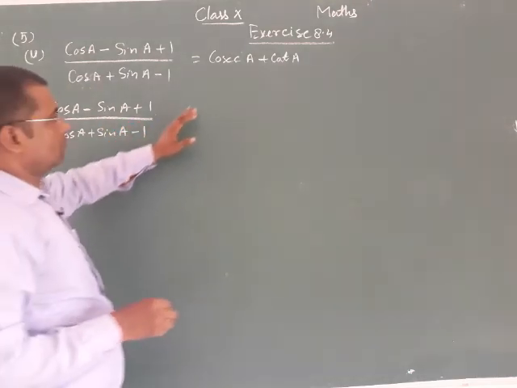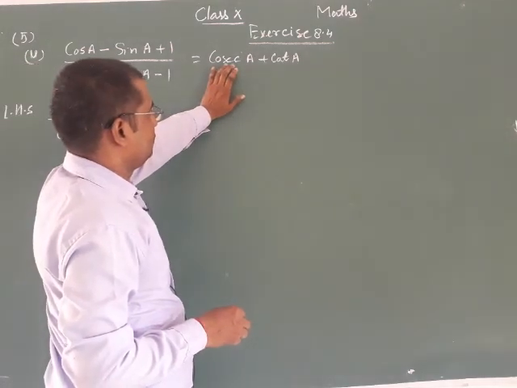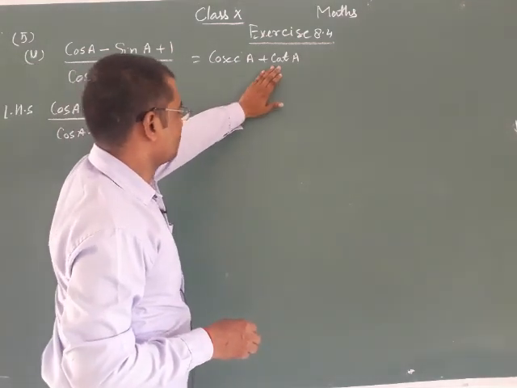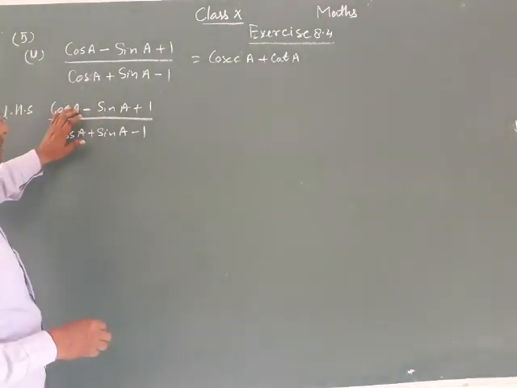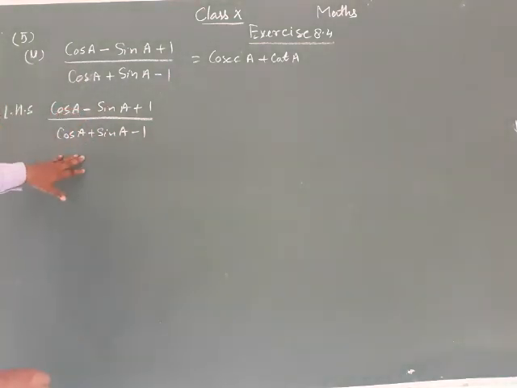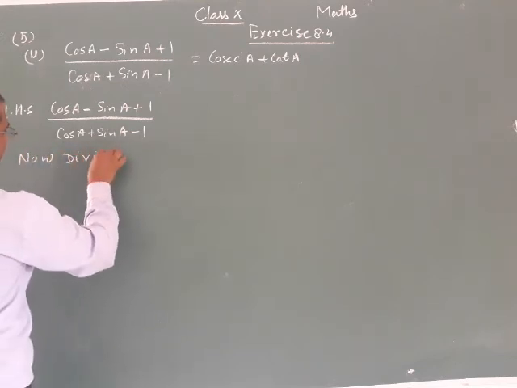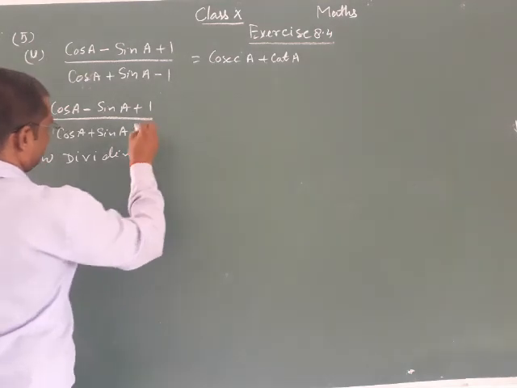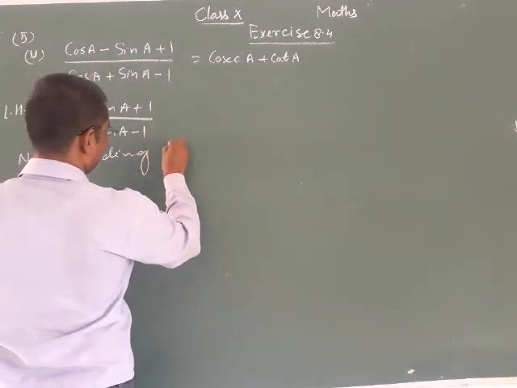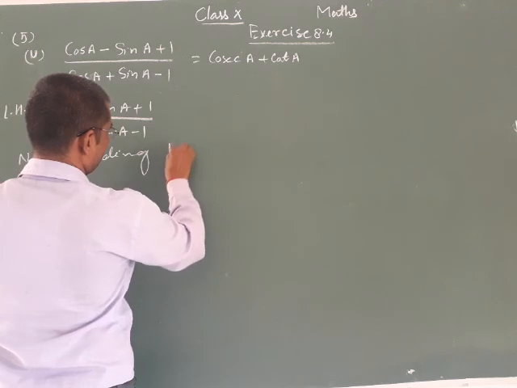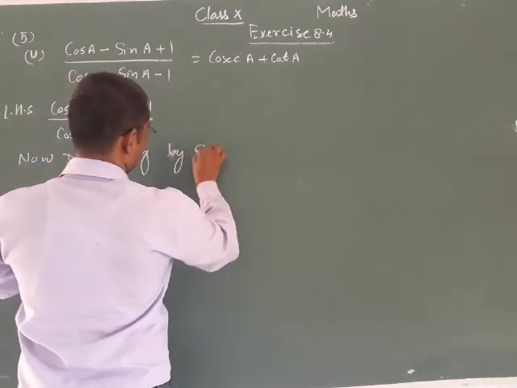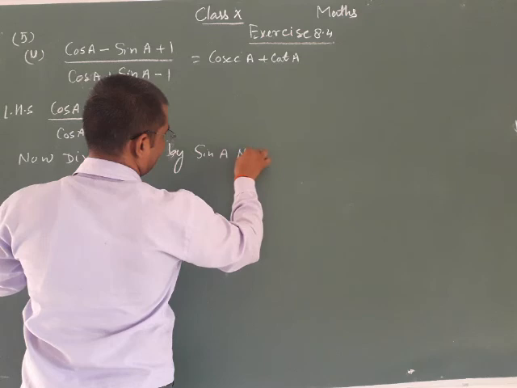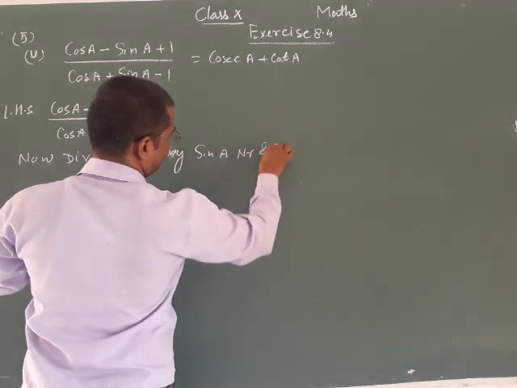Now we are given cosec A and cot A, so we change to cot A and cosec A. So now divide by sin A in the numerator and denominator.